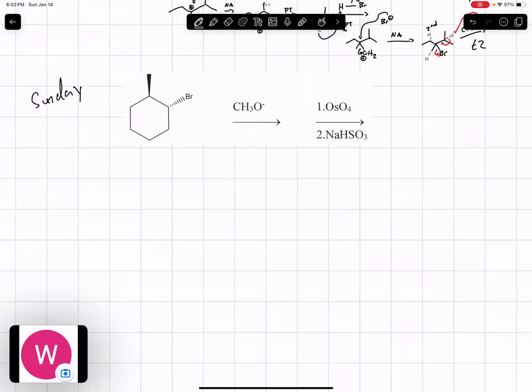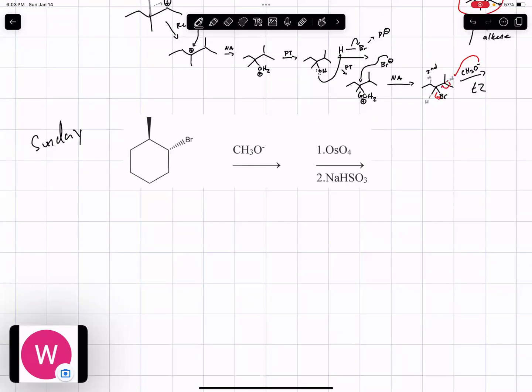So this is basically the concept of anti-periplanar having an E2 reaction, and then basically having to pull off a hydrogen from the opposite side of the leaving group, right? Here we have a small base, just so you know that we're asking for major product in this question.